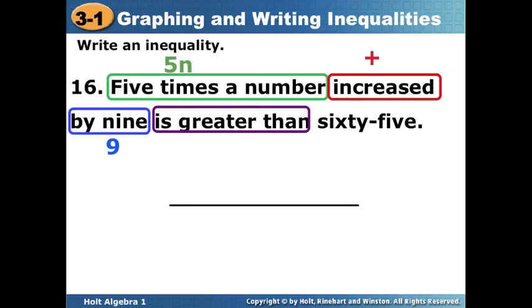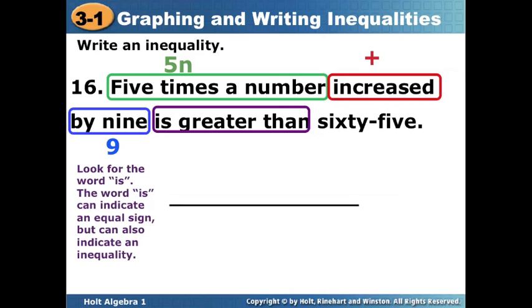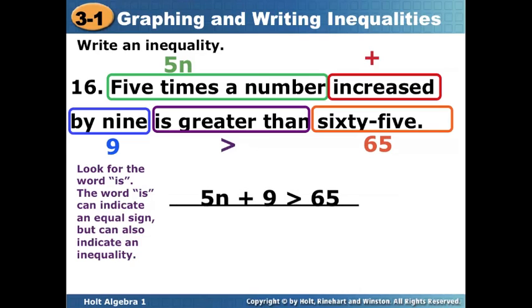Is greater than. Again, because of that word is, we know we're going to use an inequality symbol. Look for that word is. The word is indicates equal signs, but because we have the greater than following that, we know we use an inequality. Greater than 65. So 5n plus 9 is greater than 65.